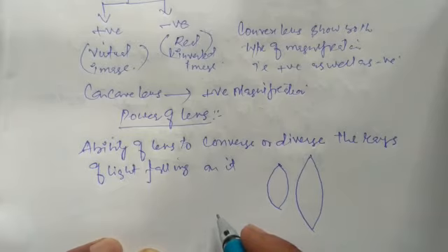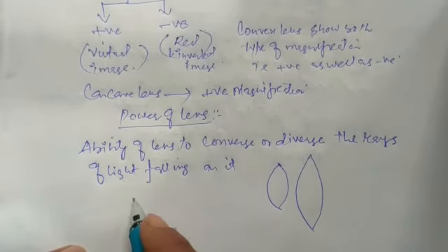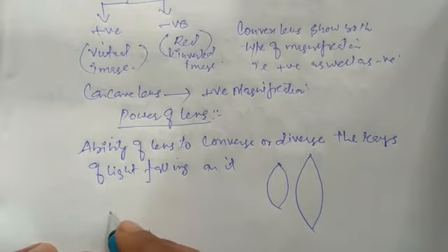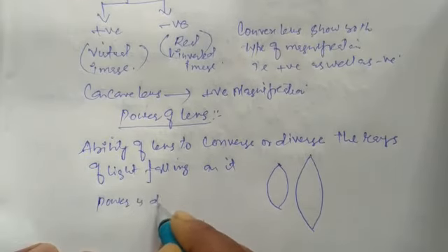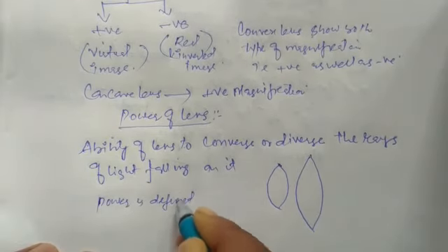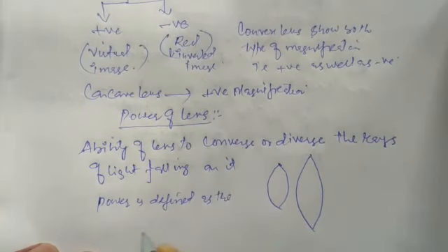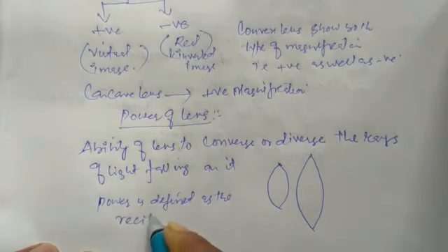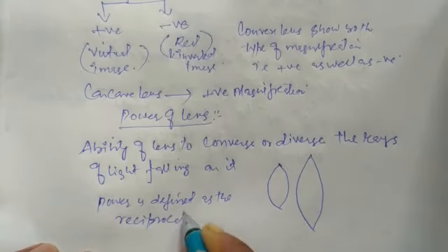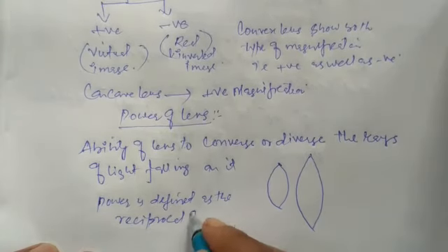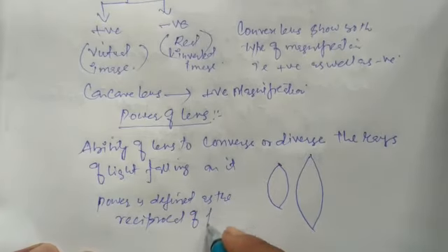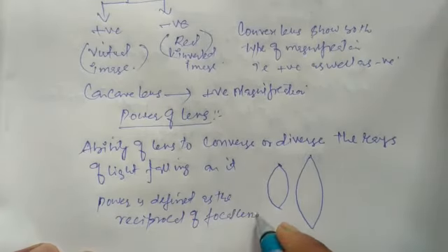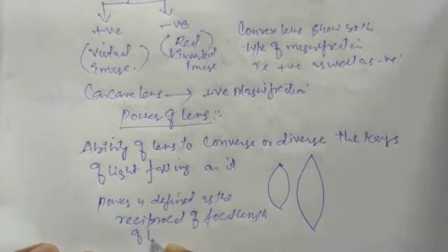Power is defined as the reciprocal of focal length of lens.